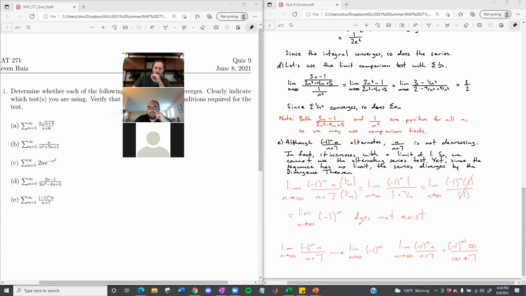Let me erase some stuff here, give myself some more room. Let's look at how the sequence behaves. The sequence will be -1, 1, -1, 1, -1, 1, and it will continue like that forever.